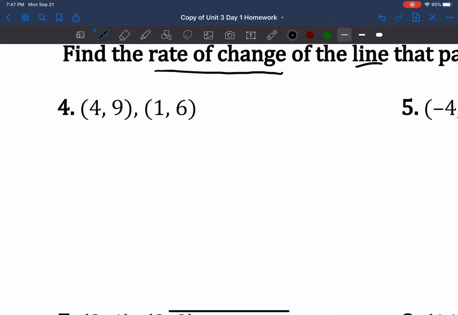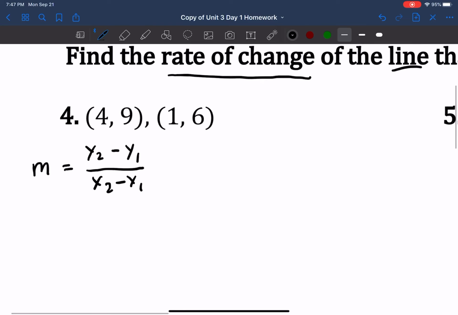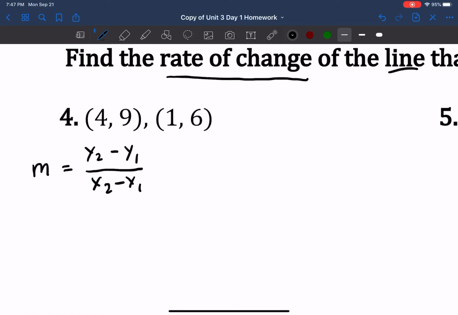We're going to know that the slope of a straight line has a formula where slope is m, and this is going to be y2 minus y1 over x2 minus x1. And this is still rise over run. This is still change in y over change in x. But this time we're going to decide from what y to what y we are going, and from what x to what x we are going.